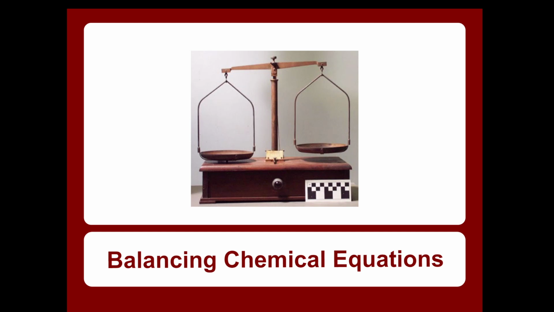Nobody really wants to do that. But today, we're going to balance chemical equations. Our whole goal is to make sure that at the end of the day we have the same amount of material on one side of a chemical equation as we have on the other side, okay?